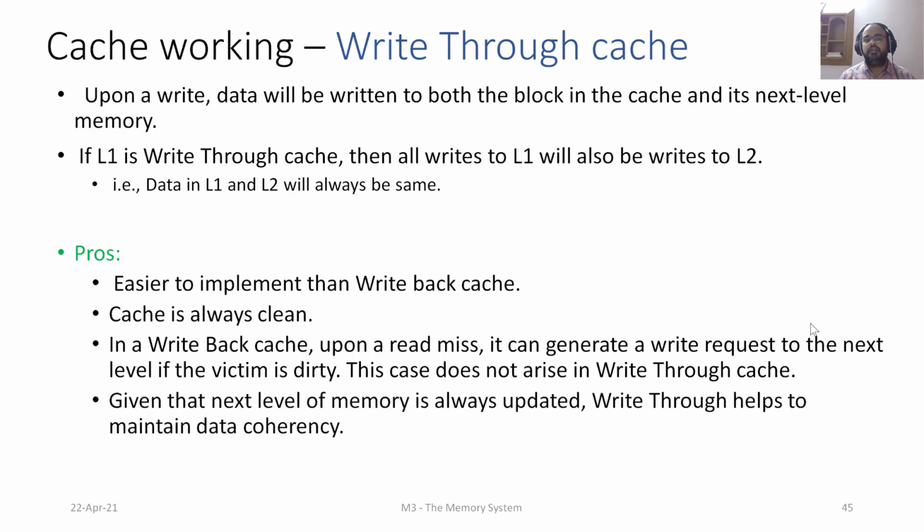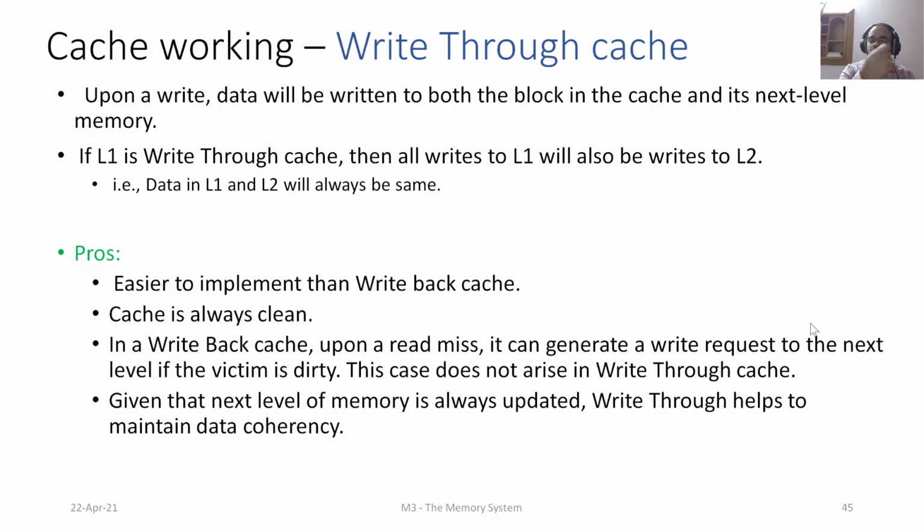And given that the next level of the memory is always updated, write through cache helps to maintain what's called data coherency. Now, data coherency is a totally new concept. I have not discussed it till now. I'll just give a one-line explanation. Let's say we have multiple cores and all of them are sharing the cache or the memory.